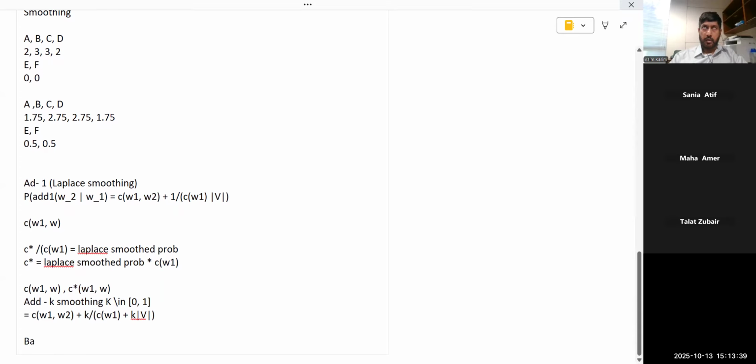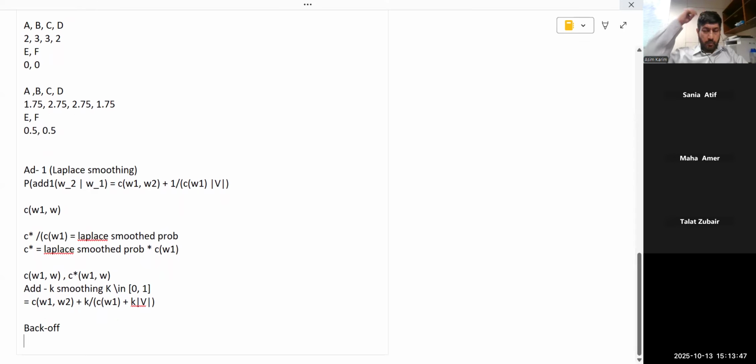The other one is what is known as backoff. Backoff में क्या होता है? It's a very simple idea. So backoff में ये है कि let's say आपने कोई ट्राइग्राम निकालना है, let's say probability of W3 given W2 and W1. ठीक है, if this trigram, which is of course the count of C W1 W2 W3, if this is zero, इसका मतलब है कि ऑब्वियसली ये आप कंप्यूट नहीं कर सकते, जीरो आएगा.